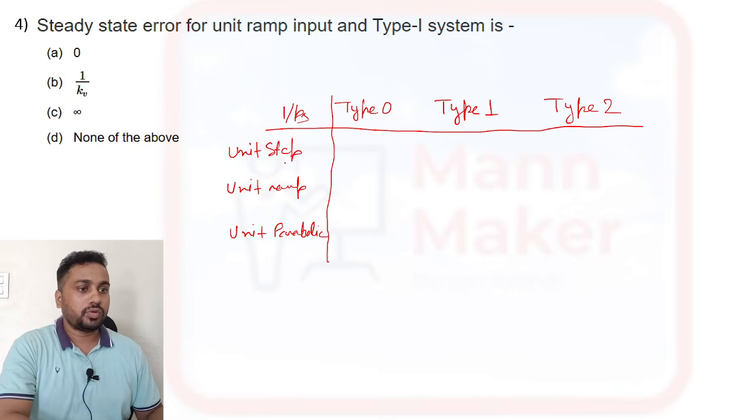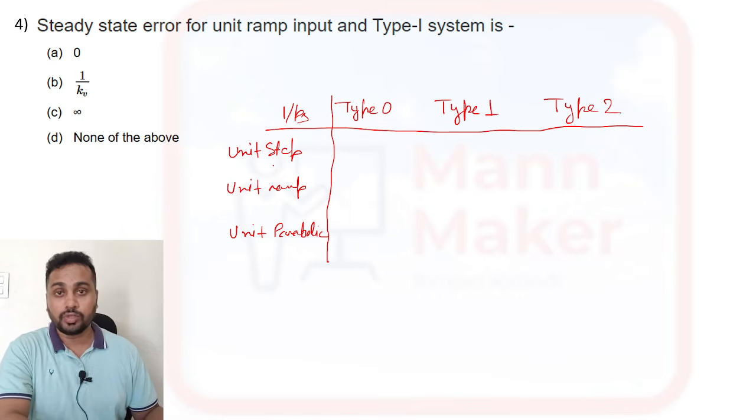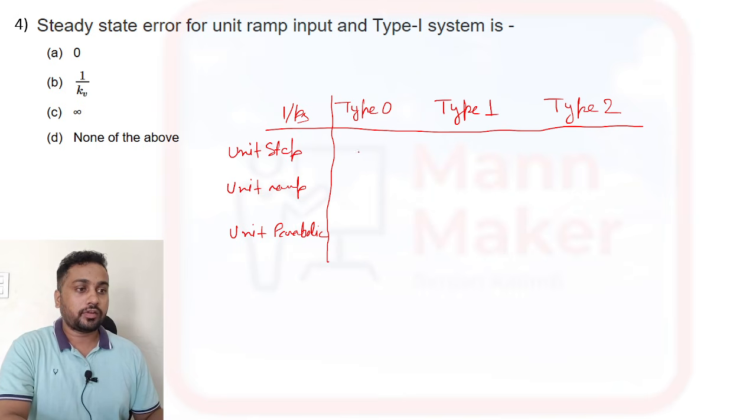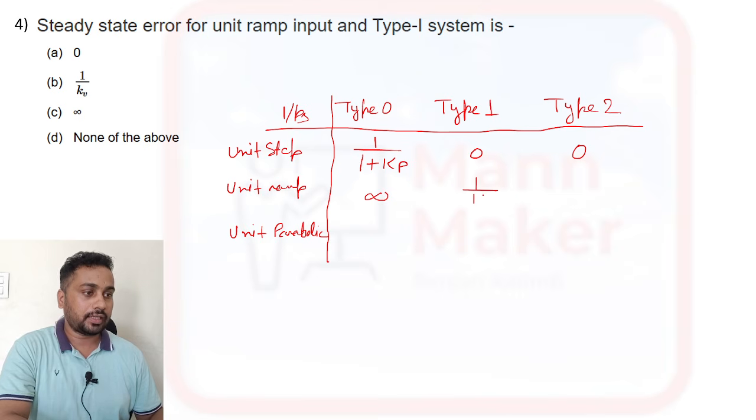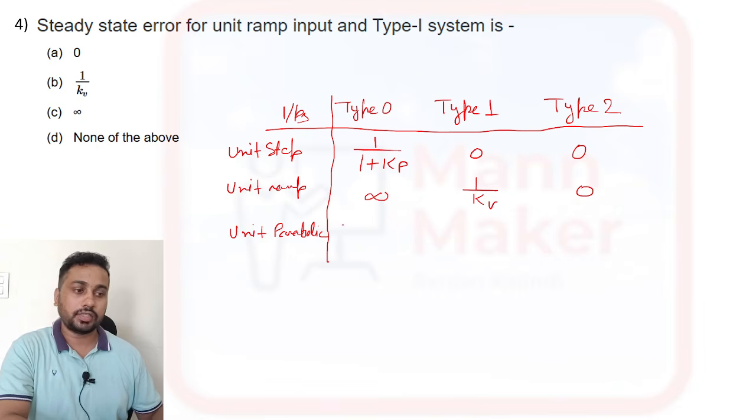For the unit step input, type 0 is 1 by 1 plus Kp, type 1 is 0, and type 2 is also 0. For ramp input, type 0 is infinite, type 1 is 1 by Kv, and type 2 is 0.